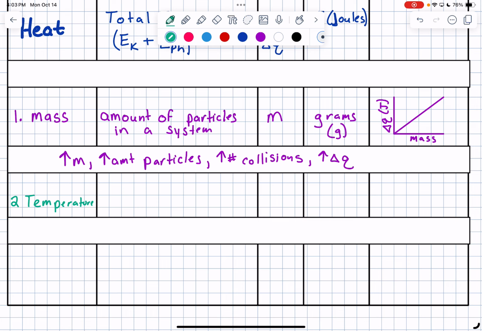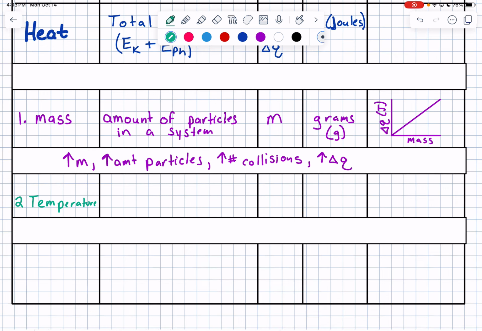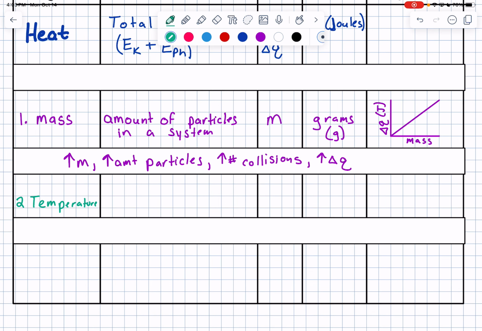And so with temperature, my definition for temperature is the average kinetic energy of my particles in the system.